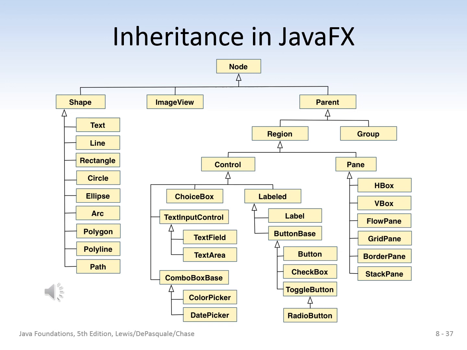And you have the parent class, region, and group. And from region, we have subclasses or child classes that are control and pane. And we used every single one of the child classes of pane. We used HBox, we used VBox, flow pane, grid pane, border pane and stack pane.